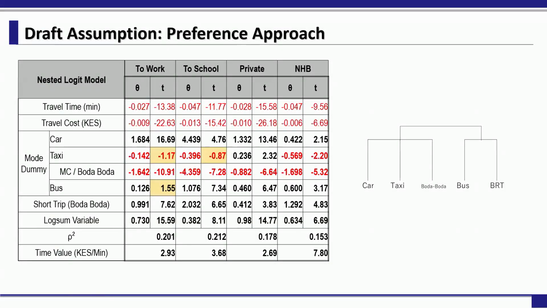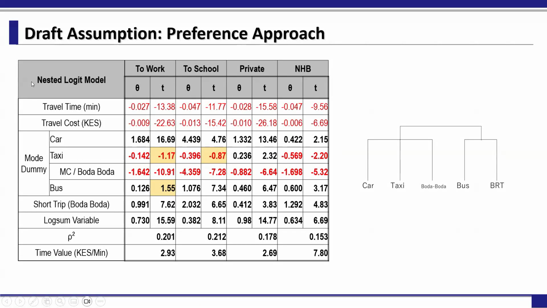The other way: sometimes the value of time doesn't match the actual working incomes, so it must be based on preferences. For example, the preference approach is prepared from people's behavior, though this is not actual behavior.